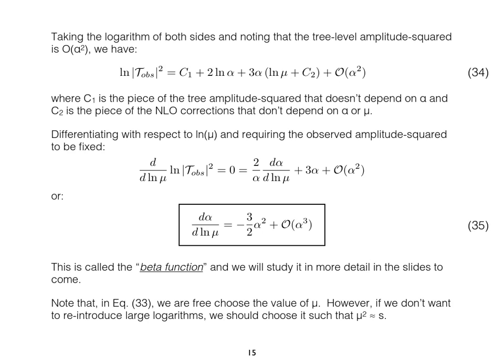Okay, so when we compute things, there's always going to be some dependence on mu. And so what you do is you try to choose a mu that is a physical scale in the process.